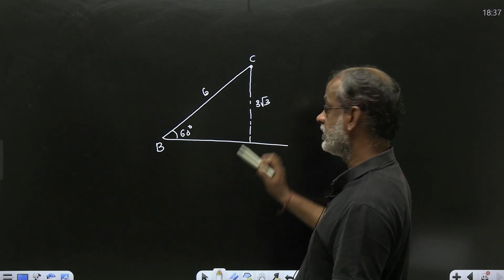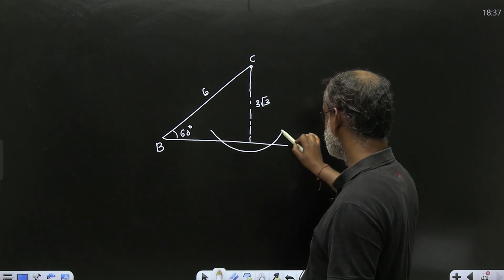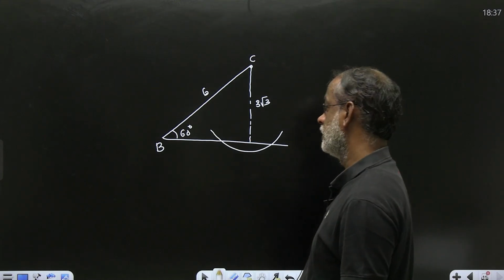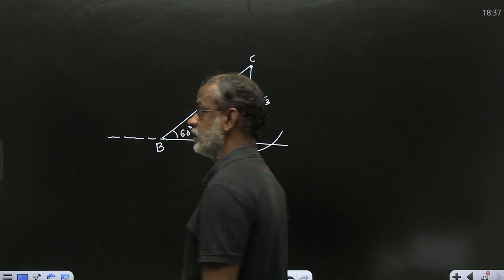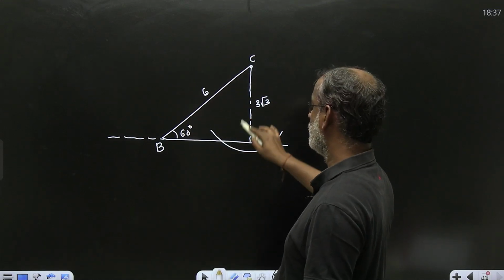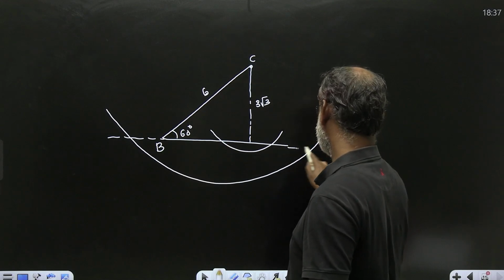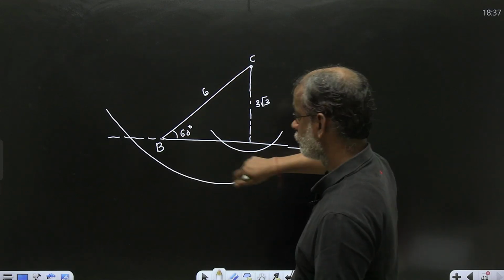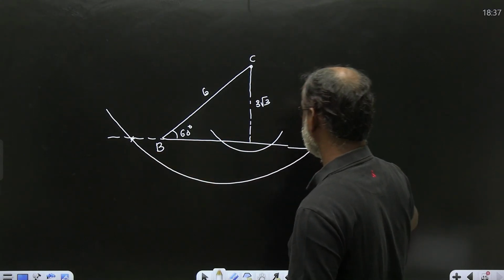If you take something greater than 3 root 3, you will get two triangles. The moment you take your side to be greater than 6, you are going to get a circle like this. So this point is ruled out. Only this triangle is something that we are getting.